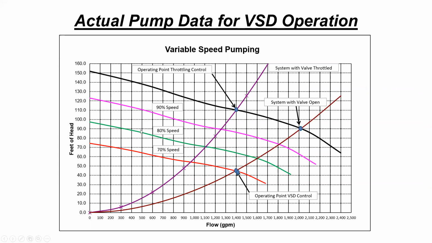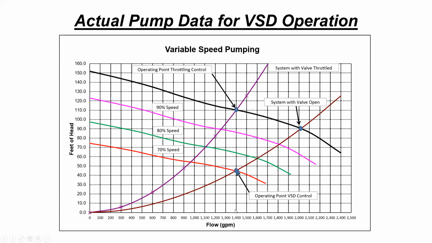So imagine we are operating at 100% speed, this black line, and this is our system with the throttle valve. What we can do is open the valve all the way, so there's no throttle valve anymore, but use a VFD to reduce the speed of the motor, let's say down to 70%.